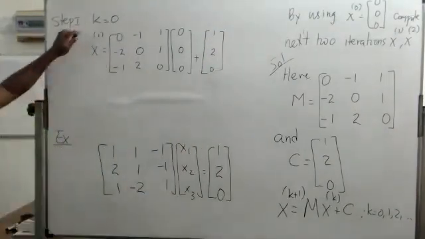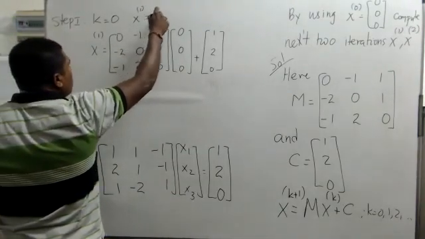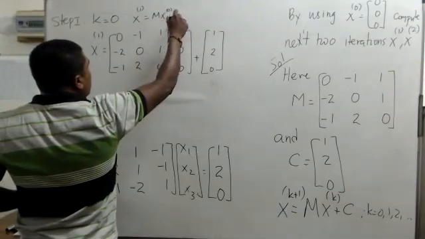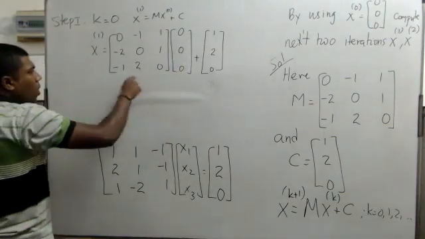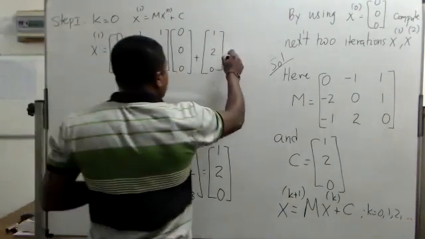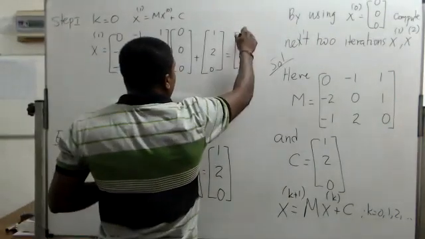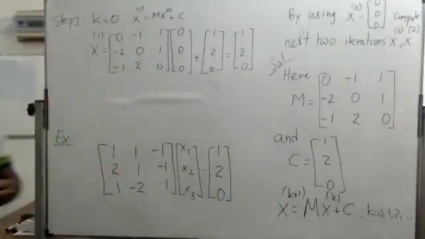So when you put k is equal to 0, you get x1 is equal to M x naught plus c. That is the iteration you will have. You can compute this. This is multiplied by 0, so all these are 0, 0, 0. So you will end up with 1, 2 and 0.